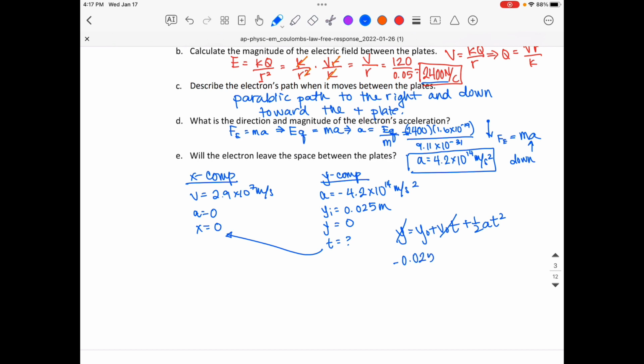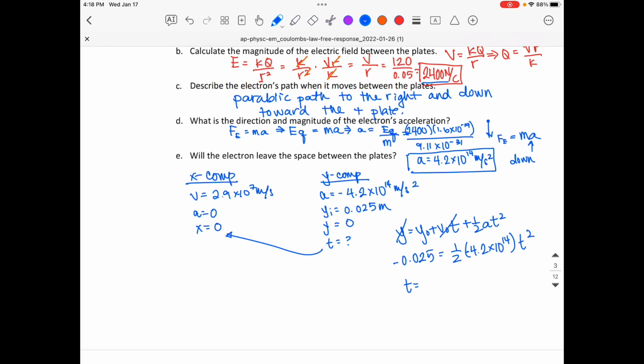0.025 is equal to 1/2 the acceleration from part D times time squared. And then when I solve for t, I put that negative in there so the negatives cancel out.